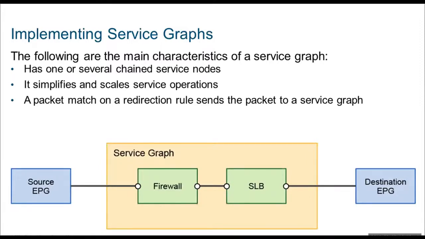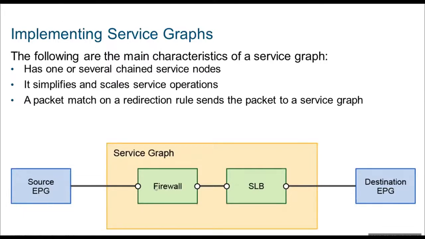As you may notice, they've said it is a collection of service devices. It doesn't have to be the entire permit statements of the contract. It's actually being selected because it's only applicable to a subject. Service graph, you can actually go ahead and specify the order in which these devices are to be used.